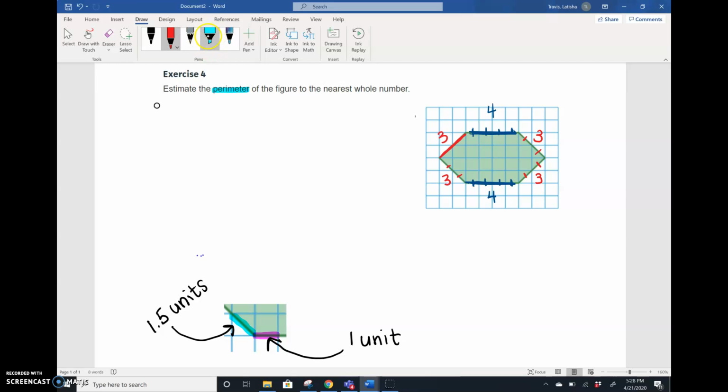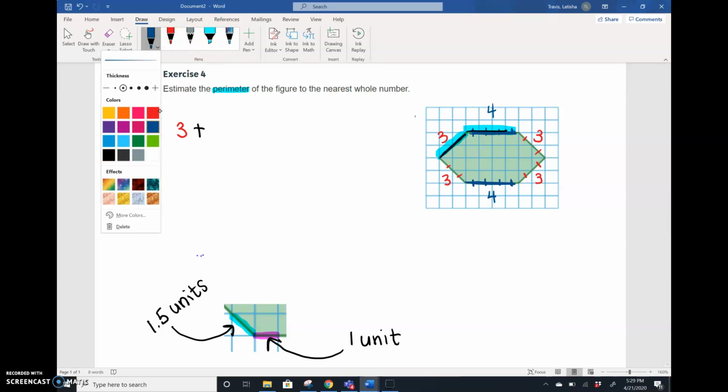So now when we're finding the perimeter, I'll use my highlighter again to show you what I'm doing. I'm going to start by counting this length here. This length here is 3 units in length. So the perimeter is going to be 3 plus, because we're adding with the perimeter, this length right here, which is 4. I'm changing colors so you guys don't get confused.